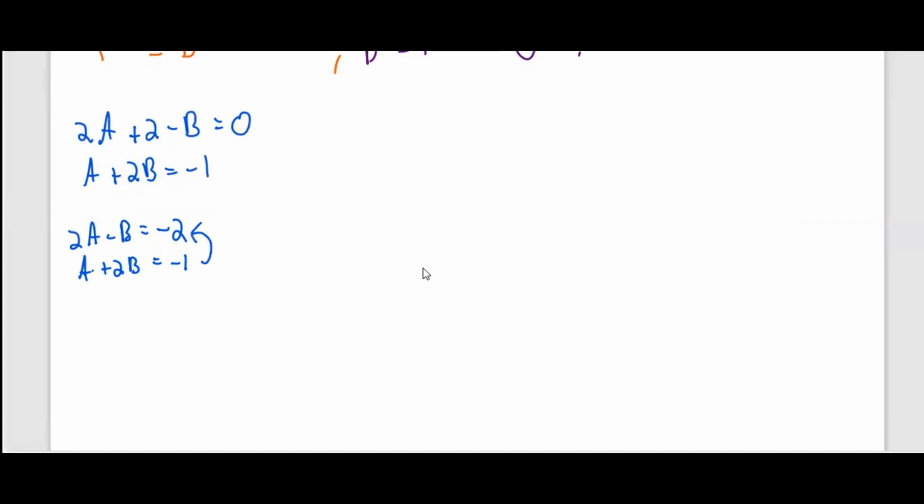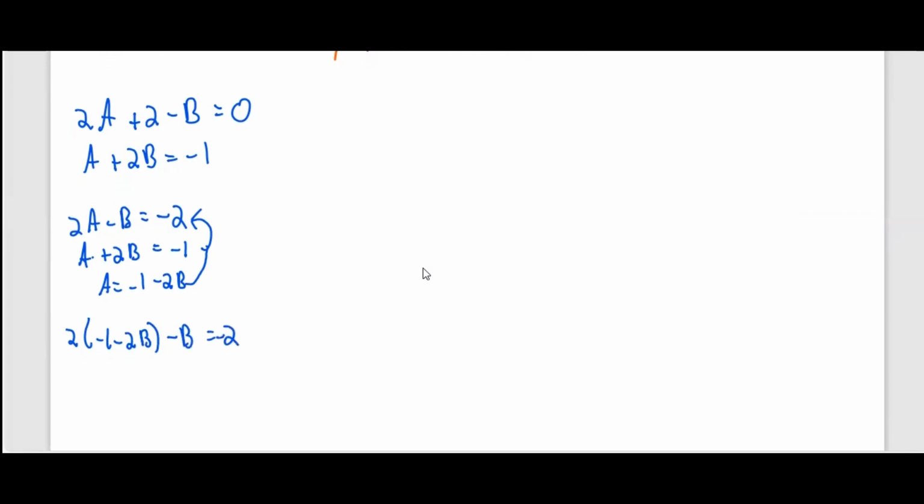So we can make a the subject of the formula. So a is negative 1 minus 2b, and you plug it into the first one. So it'll be 2 times (minus 1 minus 2b) minus b is minus 2.